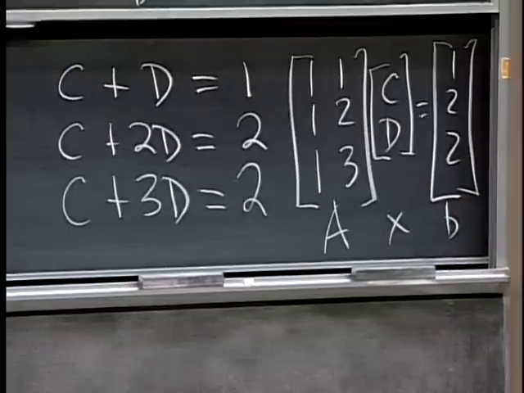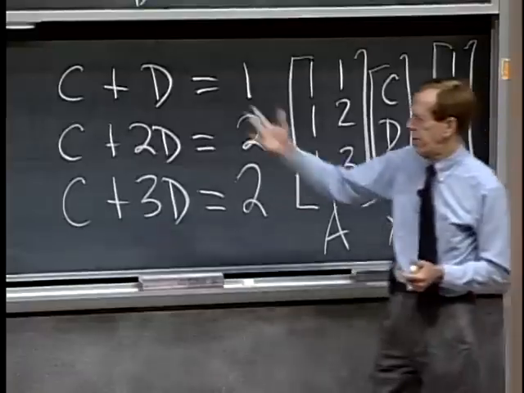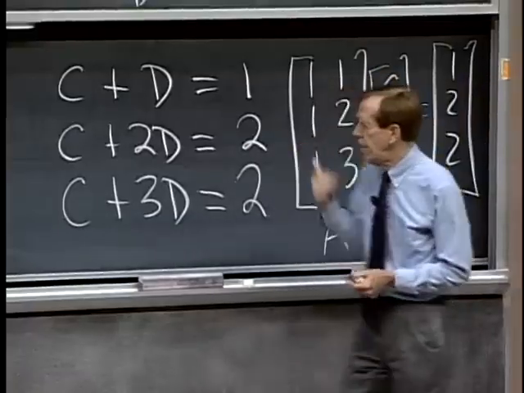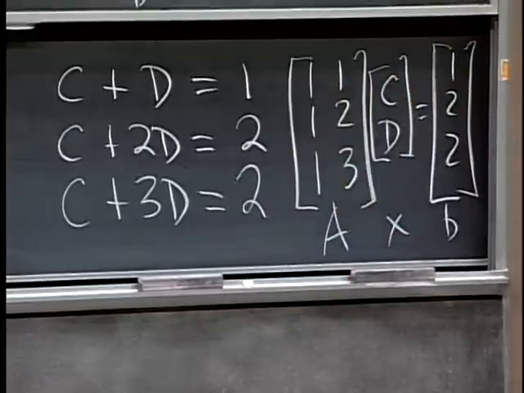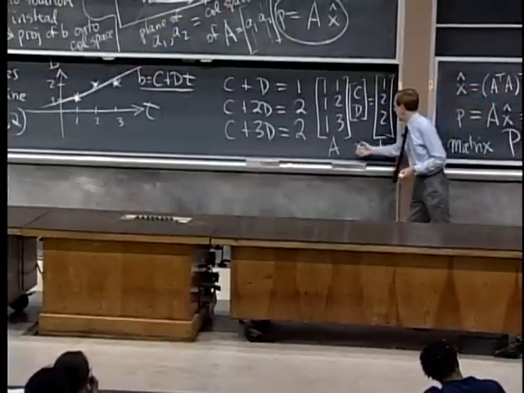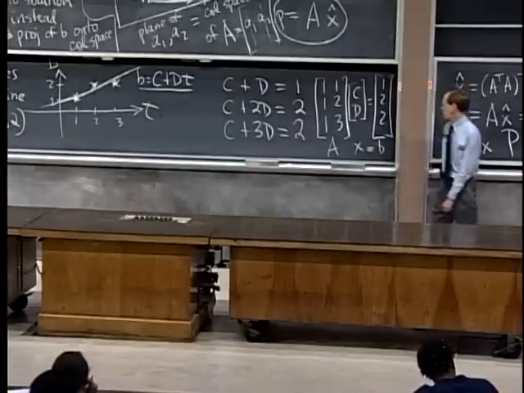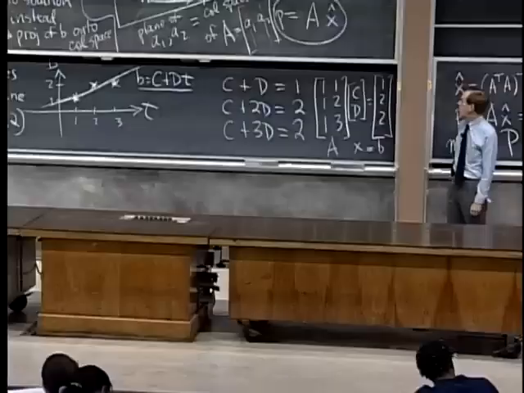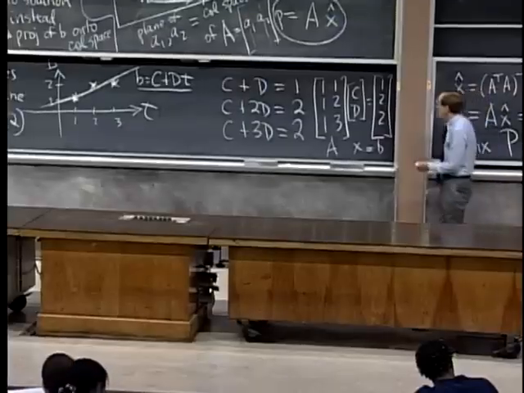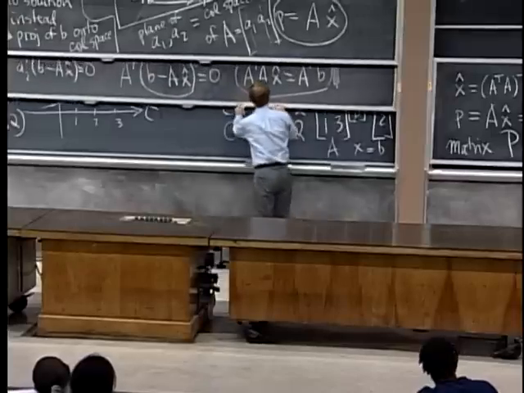Then, there's no solution. This is the typical case where I have 3 equations, 2 unknowns, no solution. But I'm still looking for the best solution. And the best solution is to solve not this equation Ax equal b, which has no solution, but the equation that does have a solution, which was this one.